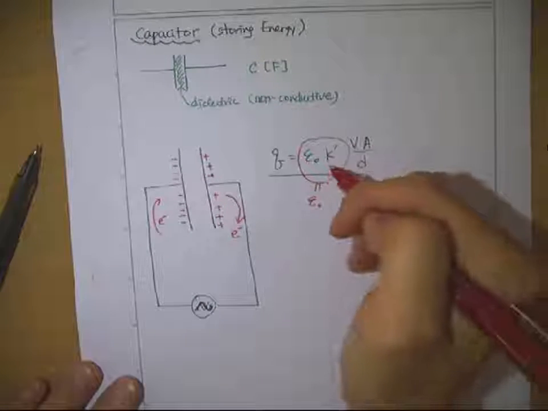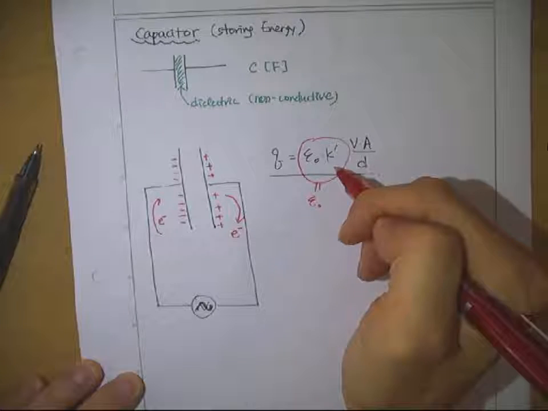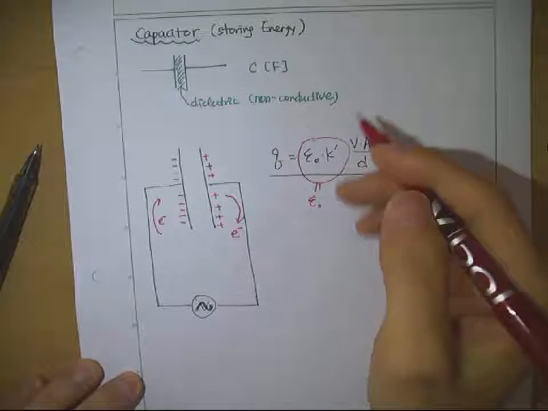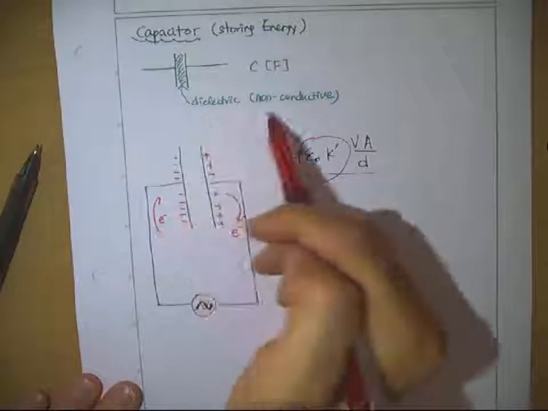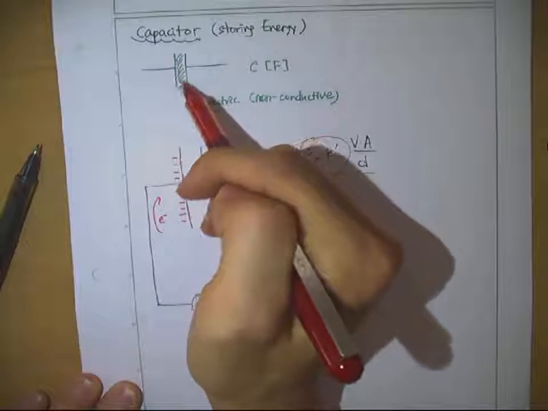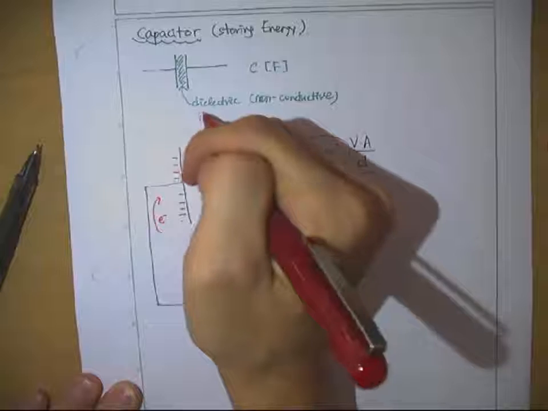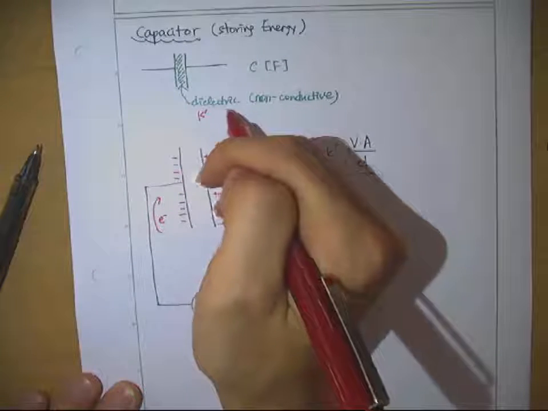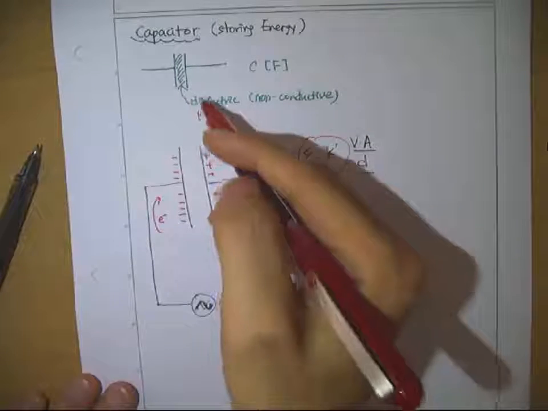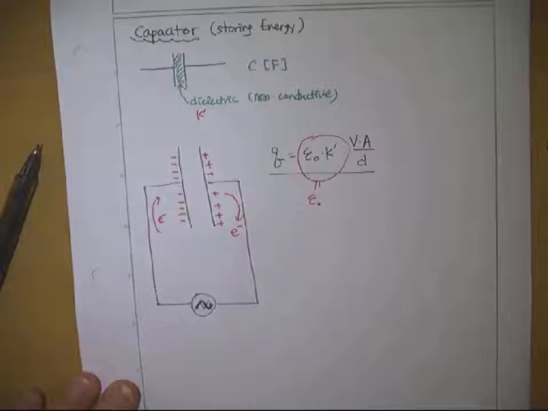So if the kappa is larger than 1, then by that much you can store more charges. Right? So in general, in the capacitor, you have a dielectric material, and depending on the relative permittivity of this dielectric material, that decides the capacitance of the capacitor.